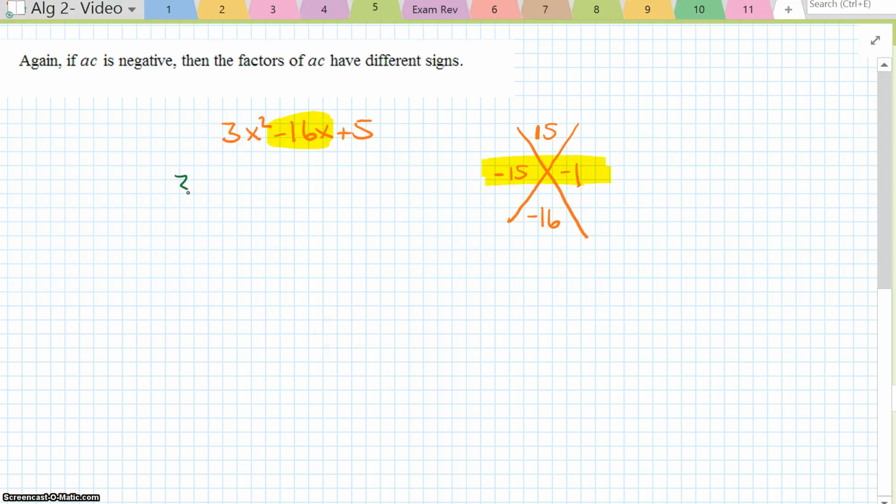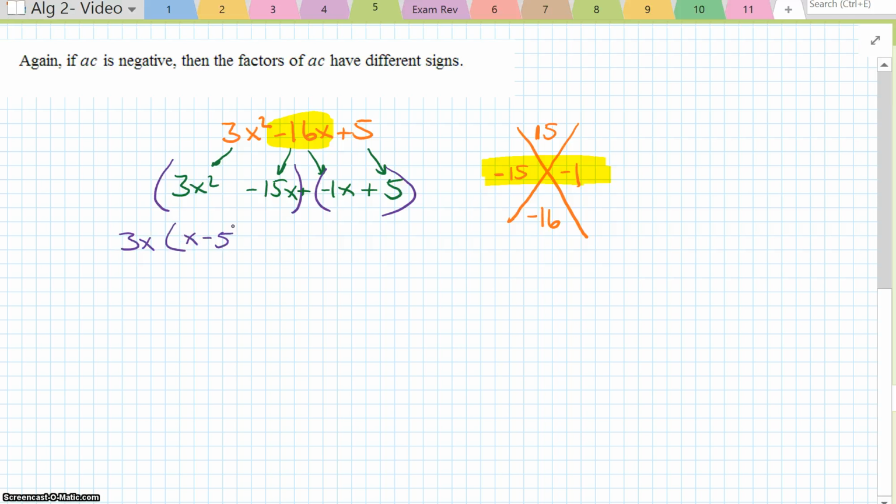Since our A value is not 1, we're going to split up that negative 16x. So we're going to rewrite this 3x squared as negative 15x plus negative 1x, and then we're just going to drop down the rest of it. By properties of algebra, we can group any terms we want. So we're going to group the two terms, the left side and the right side. What can I factor out on the left side? 3x. What's left? x minus 5.